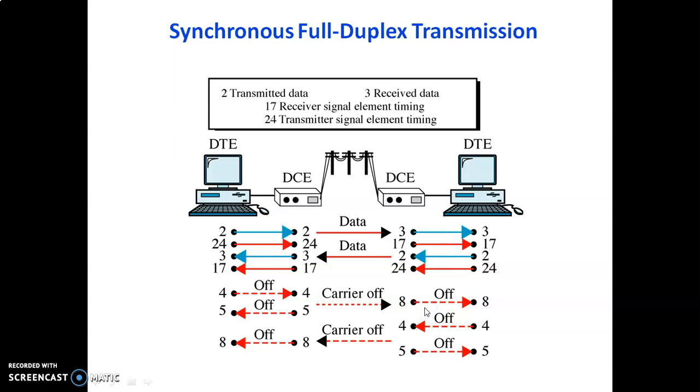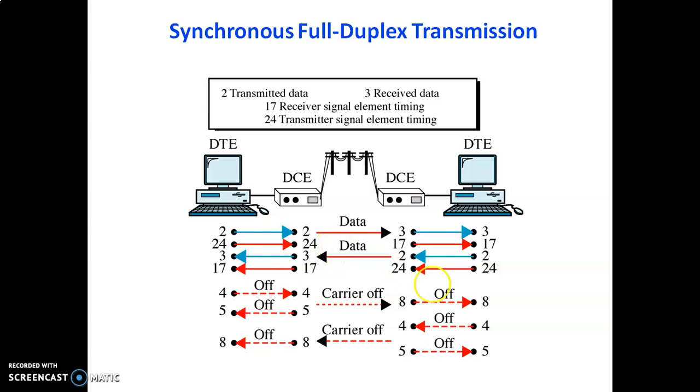Next, step 4 is data transfer. The initiating computer transfers the data stream to its modem over circuit 2, accompanied by the timing pulse on pin 24. Pins 2 and 24 are used for data transmission: data in pin 2 and timing in pin 24. The modem converts the digital data to an analog signal and sends it out over the network.